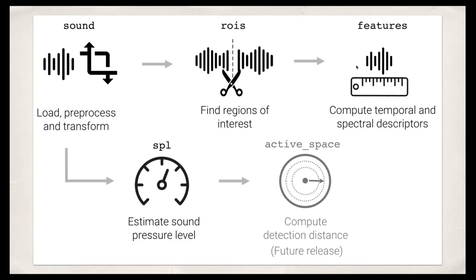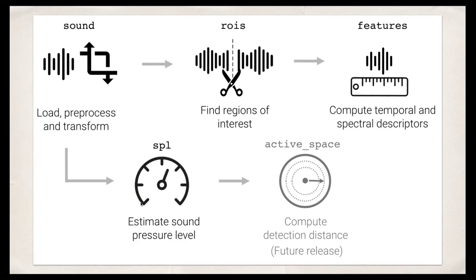And then you can compute temporal and spectral descriptors. That is, what is the peak frequency, what is the distribution of this frequency, what is the length of the audio recording. We also have here all these acoustic indices. And this is a development that has been led by Sylvain Aupert.